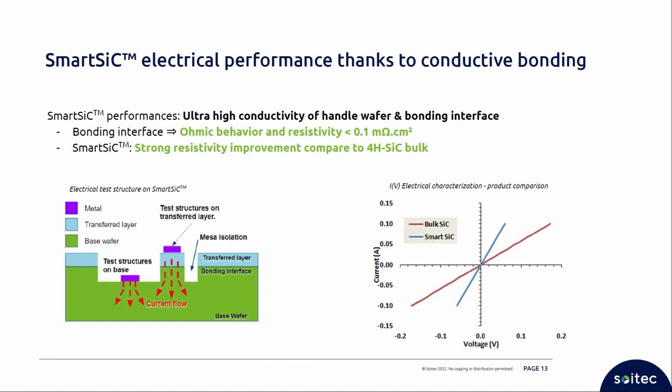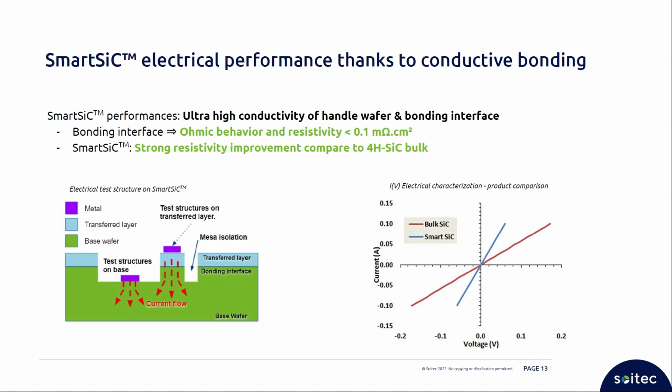How do we monitor the quality of the bond? Of course, after the layer transfer, we check for microscopic defects, and then some of the key performance indicators, such as the electrical conductivity.